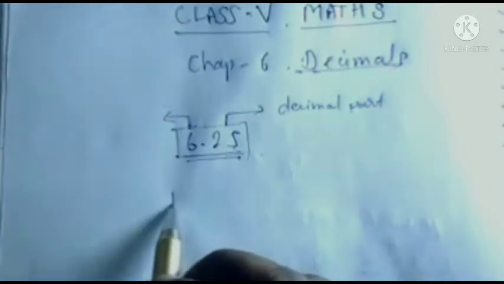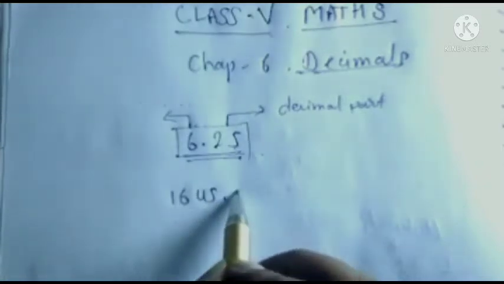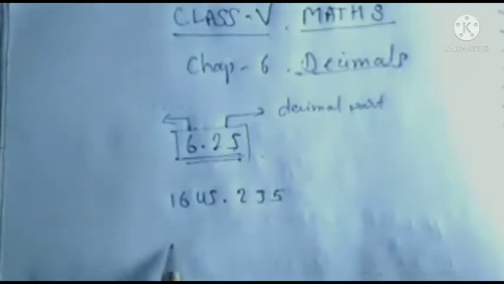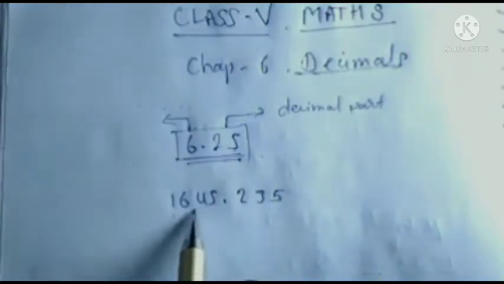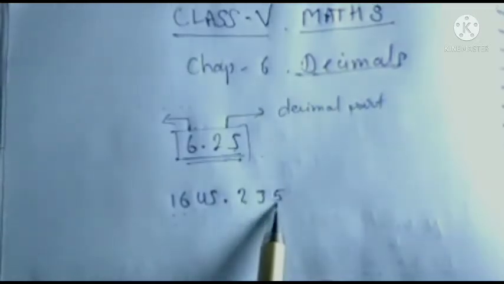Take another example. This is 1645.235. This number will be read as 1645.235.